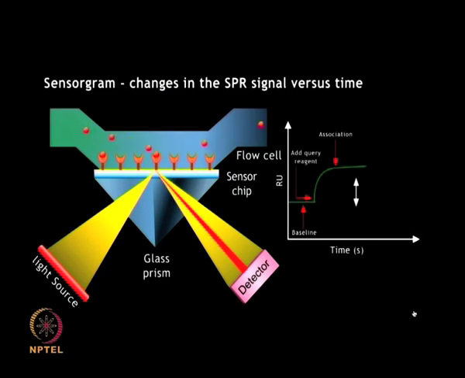Now, the graph is showing association or on rate Ka. After some time, the binding reaches a saturation level known as steady state.